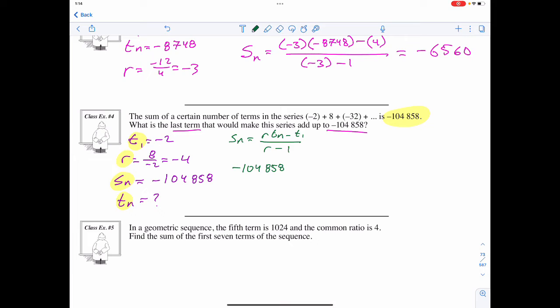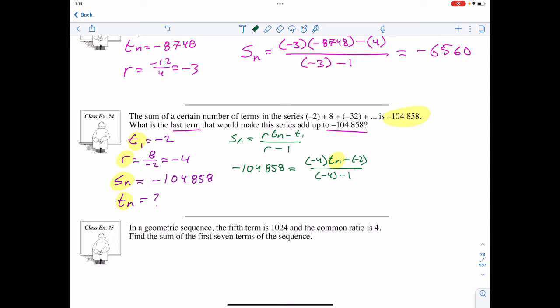-104,858 is equal to -4 times Tn minus -2, all divided by -4 minus 1. And I'm just going to rearrange my formula to solve for what Tn is. So when I combine my denominator, I'm going to get -4 minus 1 is -5.